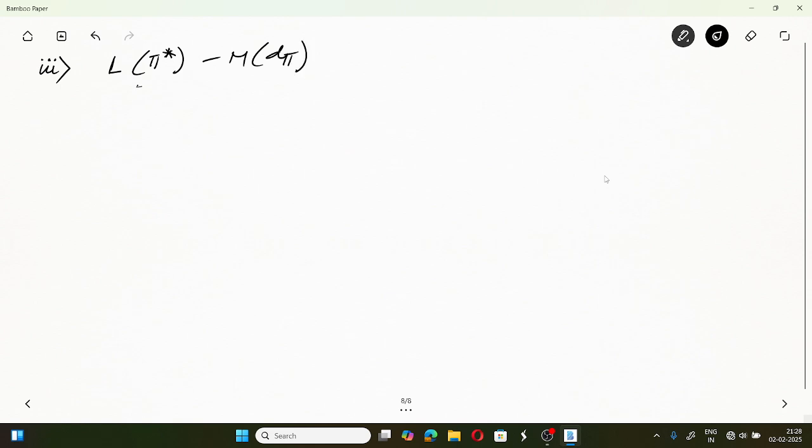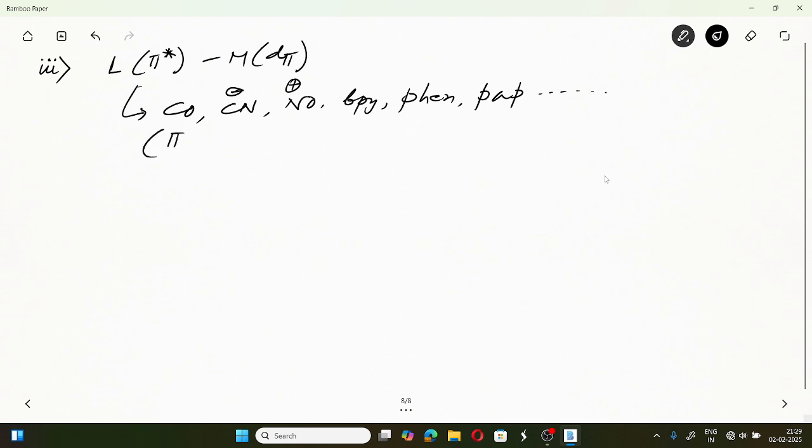Now if you consider these types of ligands like carbon monoxide, cyanide, it can be NO plus, bipyridine, orthophenanthroline, phenylazopyridine, etc. Of course, they are also pi acidic ligands, having vacant pi star LUMO.